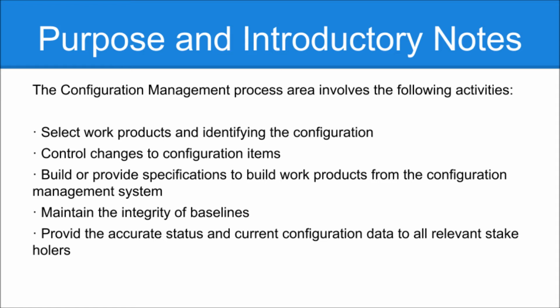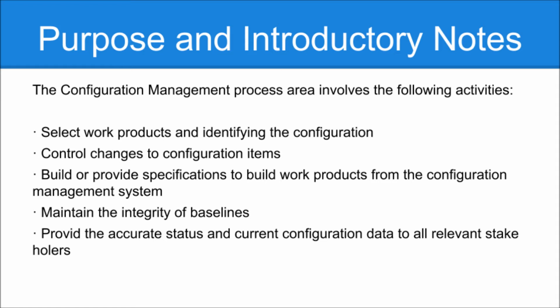So as we have seen earlier, there are 3 specific goals and there are practices inside that. The specific goals are establishing the baseline, then track and control changes, and the third one is to establish the integrity. So while establishing the baseline, you focus on practice areas like identify the configuration items and then establish a configuration management system and create or release baseline.